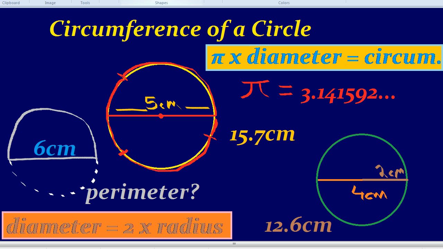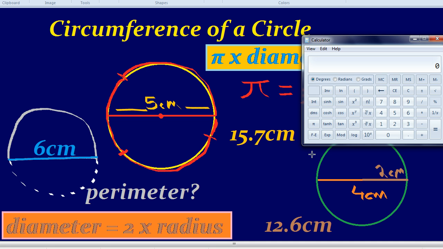Well, you'd find the whole circumference using our formula in the top right, our magic, really important formula. Pi times the diameter is the circumference. In this question, the whole circumference, if there was a whole circle, I know there's not, but if there was a whole circle, the circumference would be 6 times by pi.